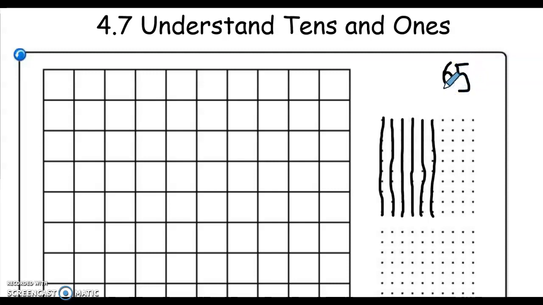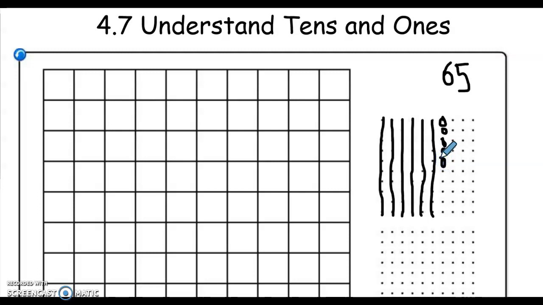And we're doing our 10s first with our 10 sticks. 10, 20, 30, 40, 50, 60, and we say freeze so that we know that we're done with our 10s, and we're going to move on to our ones. We got 5 ones. Okay, so now you're going to circle up 5 ones. 1, 2, 3, 4, 5.